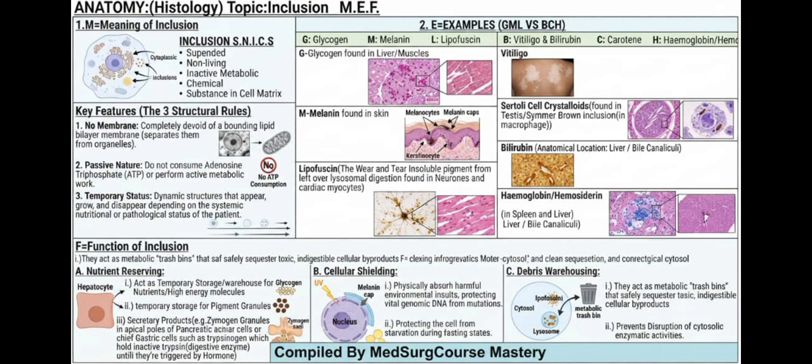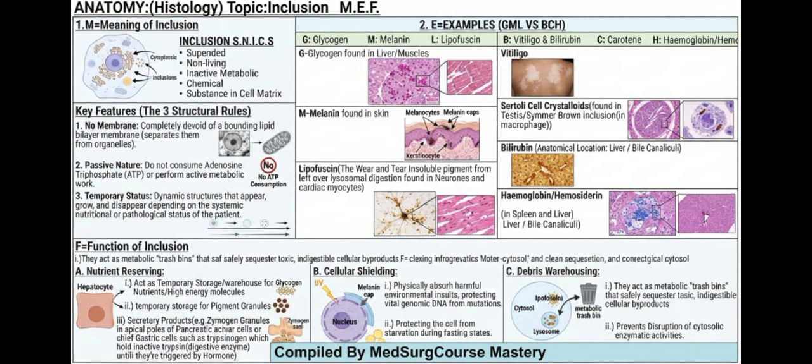This one is found in the testes. They form the basement membrane of the testes in males. There's another one there, Lipofuscin brown inclusion. These are found in macrophages. Macrophages are formed from monocytes, and macrophages are part of the fighter cells.